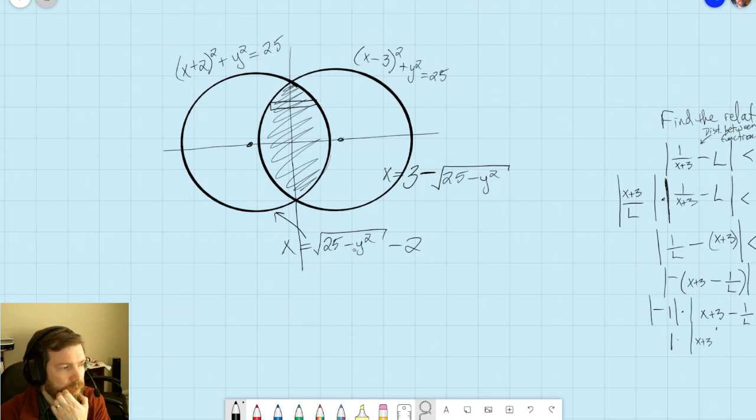Then you'd want to find the intersection points. I mean, that's slicing a pie, but here you've got a circular section.